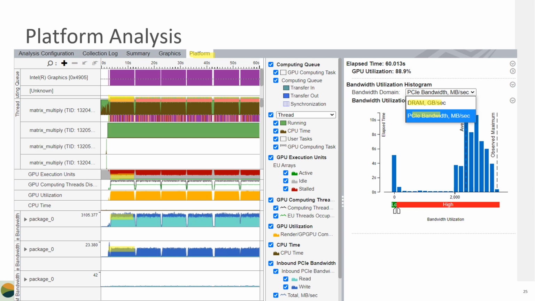So it gives more or less a comprehensive picture of how the workload is balanced on the system and if there are any particular bottlenecks in terms of I/O interfaces or compute units in the system during the execution of the whole application.